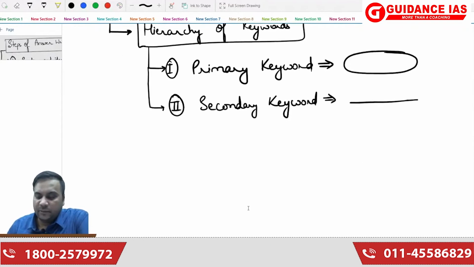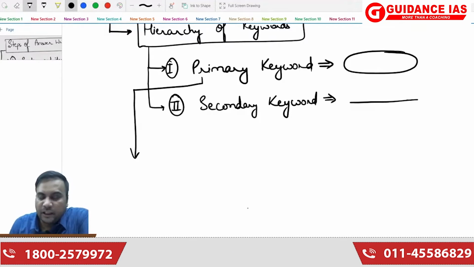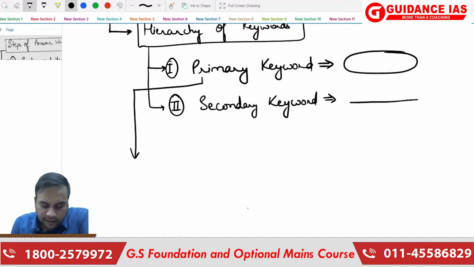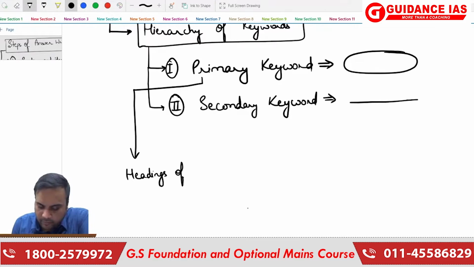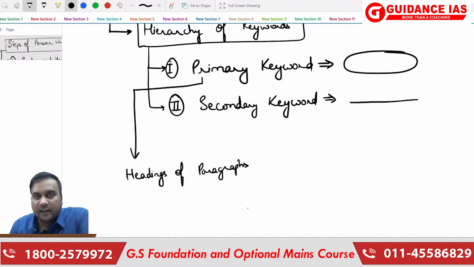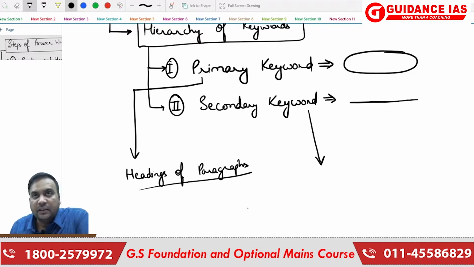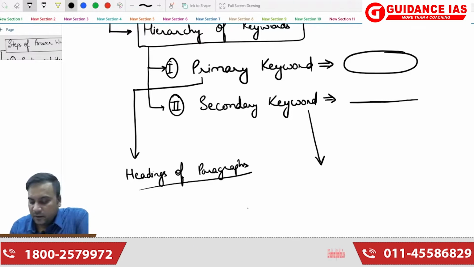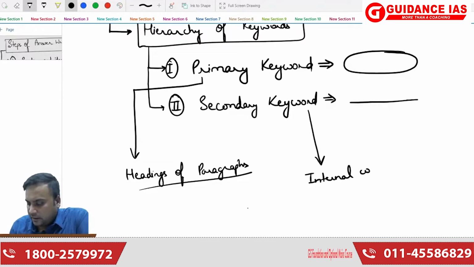The difference is that the primary keyword gives me the headings of the paragraphs to be written. The secondary keyword gives me the internal content of the paragraphs.